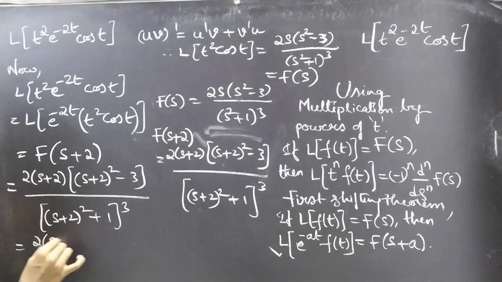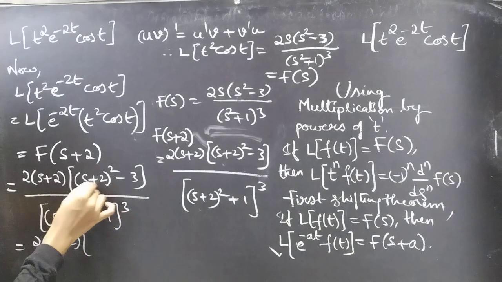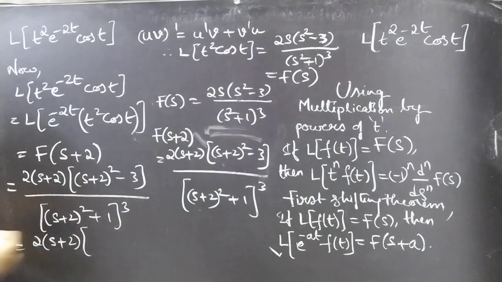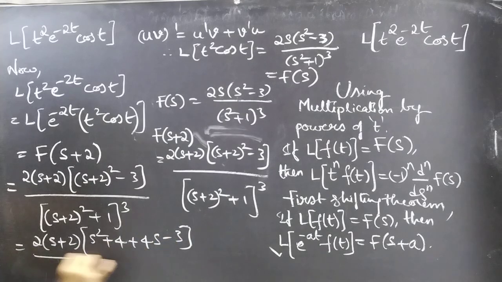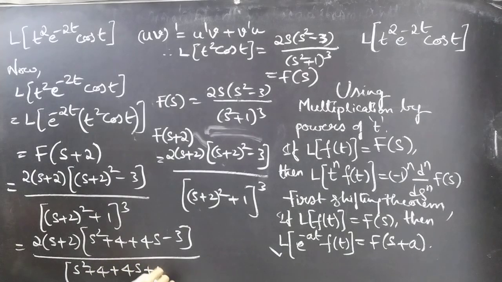This gives us 2 times s plus 2 into, expand s plus 2 whole square, you'll get s square plus 2 square is 4 plus 4s, minus 3, by, here also expand s plus 2 whole square, you'll get s square plus 4 plus 4s, plus 1 whole cube, right?